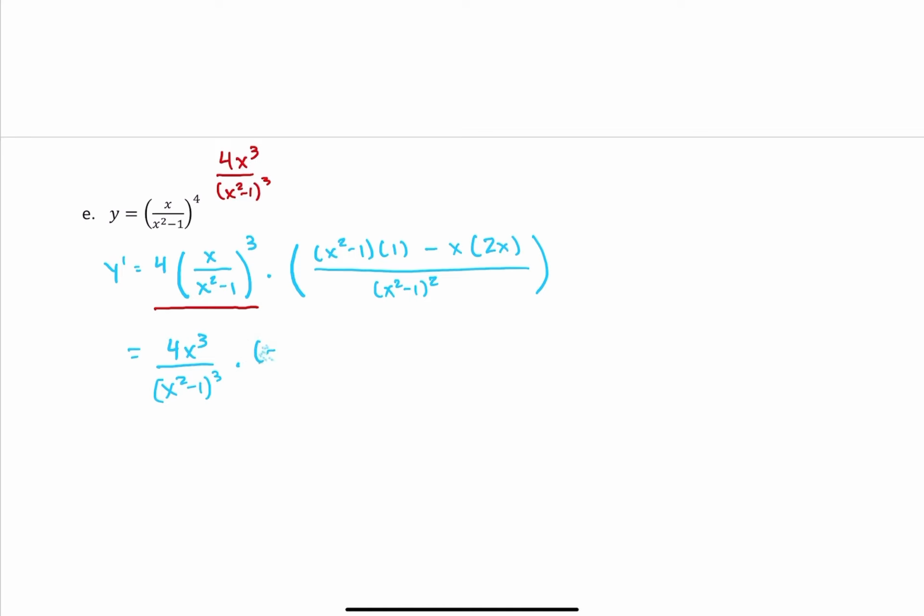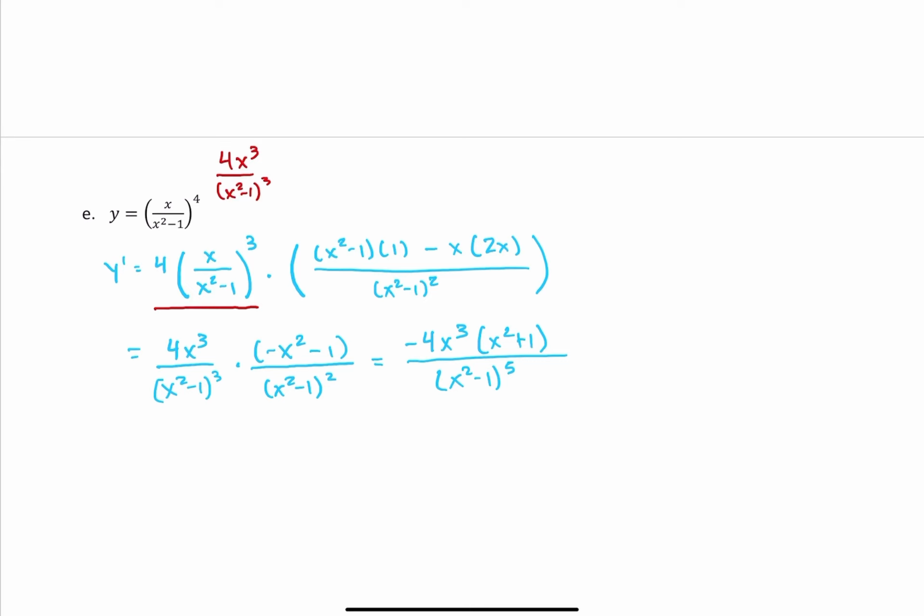So times negative x squared minus 1 divided by x squared minus 1 squared. So in a final rewrite step, this is 4x cubed times, we can actually factor out a negative. We'll say negative 4x cubed times x squared plus 1 divided by x squared minus 1 to the fifth power.